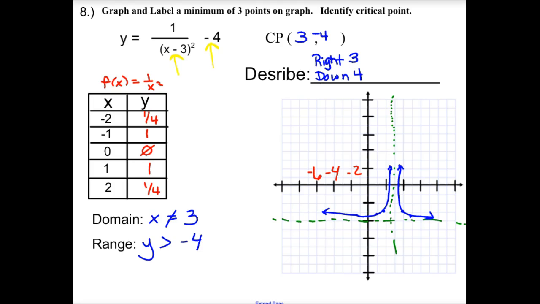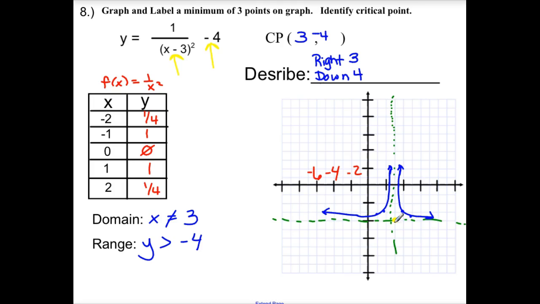So next, when we graph, what I do is I plot the critical point, knowing that this function has asymptotes, so then I make my asymptotes go through that critical point. So here we are at 3, -4, so we have a vertical asymptote through x equals 3, and a horizontal asymptote through y equals -4.